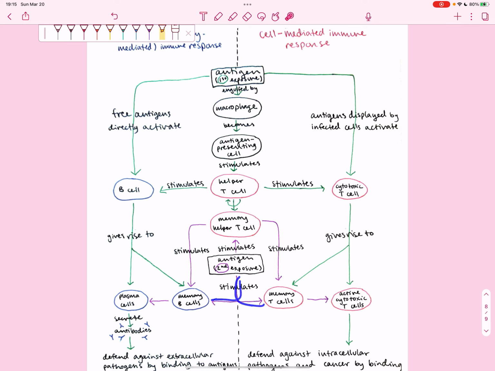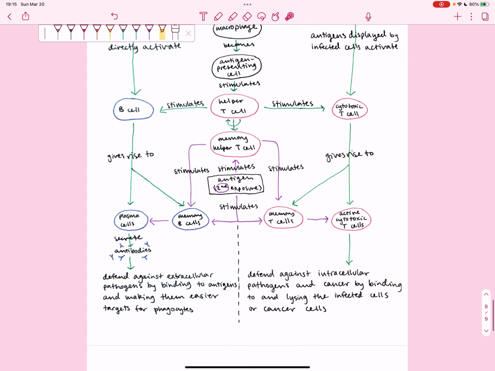These feedbacks are like that. So you can see that I've done in green the first exposure, so all the arrows that are in green are involved in your first exposure to an antigen, and everything in purple is involved in the second exposure to this antigen.